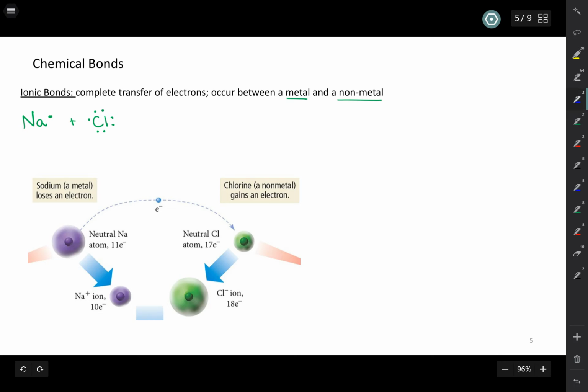What occurs here is chlorine takes an electron from sodium, and we end up with a sodium cation and a chloride anion. So now we've produced a cation and an anion, and these are attracted to each other.